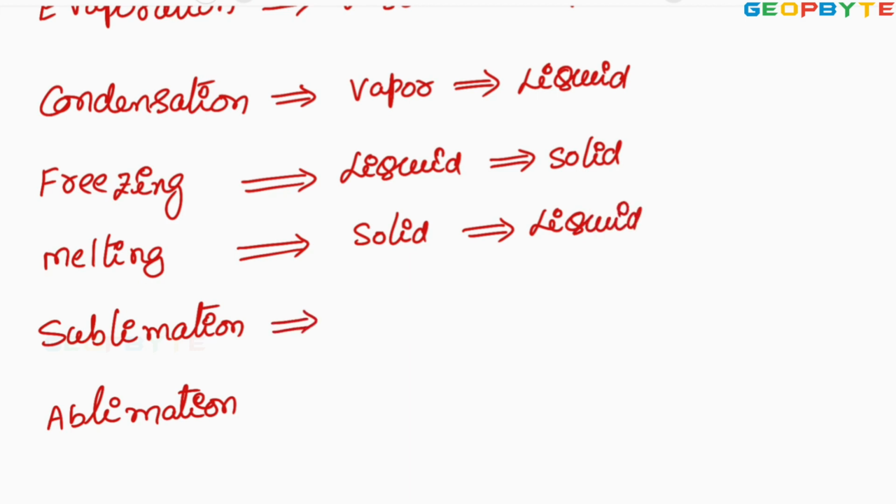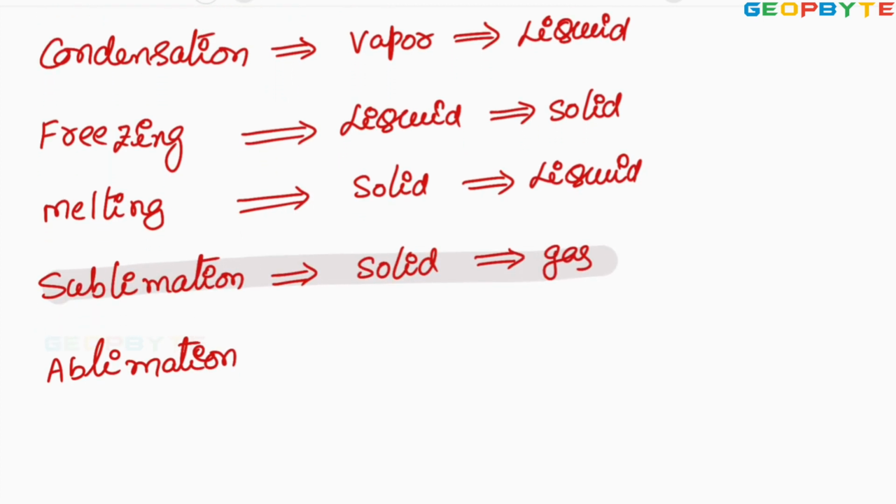During the sublimation process, solid is directly becoming gas or vapor. The direct phase change from solid to gas is called sublimation, and the opposite process is called desublimation.